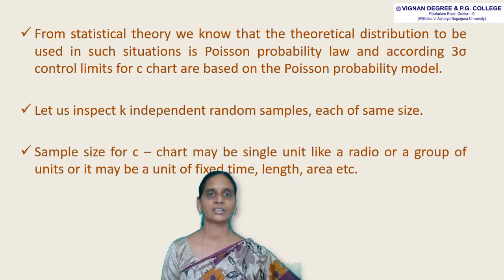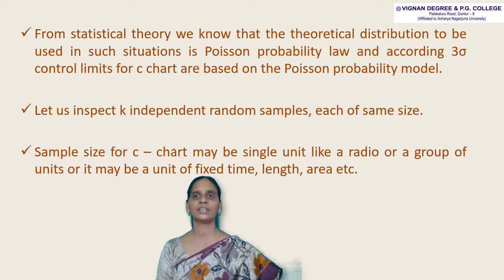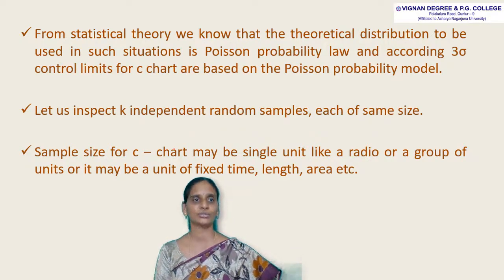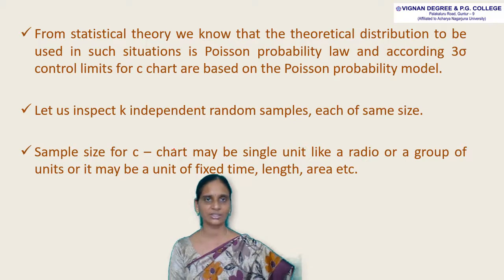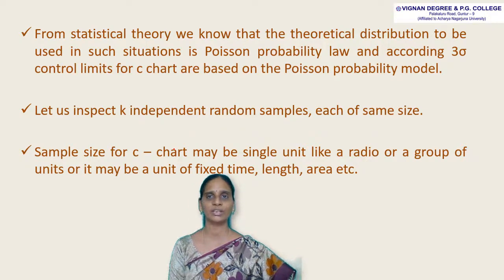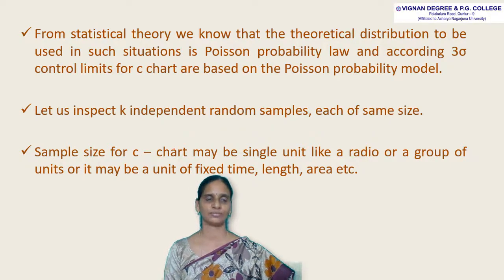From statistical theory, we know that the theoretical distribution to be used in such situations is Poisson probability law. According to that, the 3 sigma control limits for C chart are based on the Poisson probability model.